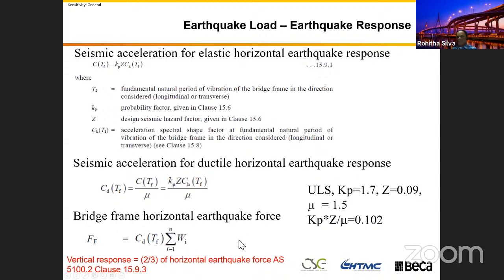So for example, in this particular site, the earthquake force is about 10% of the weight of the structure. It's not like you get the total weight of the structure, get the 10% of that one, and apply it in a different direction.